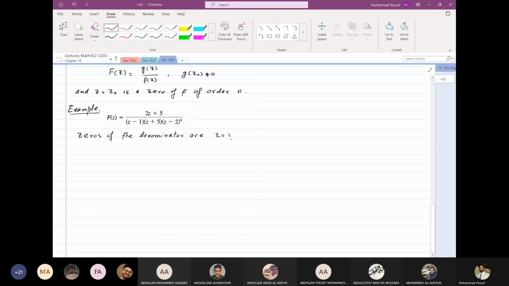z equal to 1, z equal to -5. Let us call them also simple zeros. Any 0 of order 1, like we call it pole, of order 1.